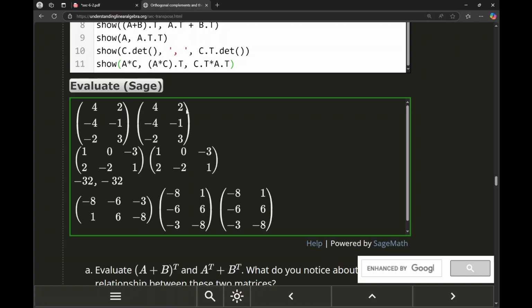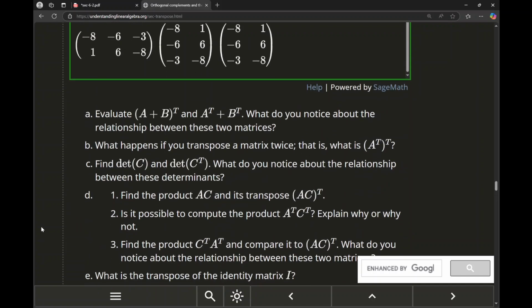So notice how AC transpose and C transpose times A transpose are the same matrix. So transpose is another reversing operation. If I move it from the outside to the inside, I need to reverse the order of multiplication. So just like inverse, it reverses the order.